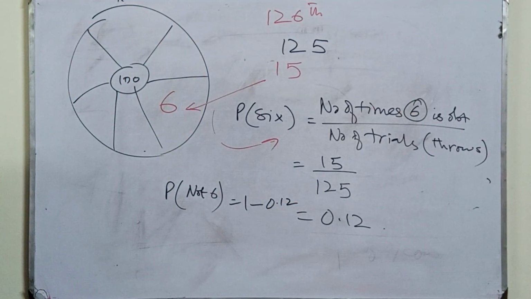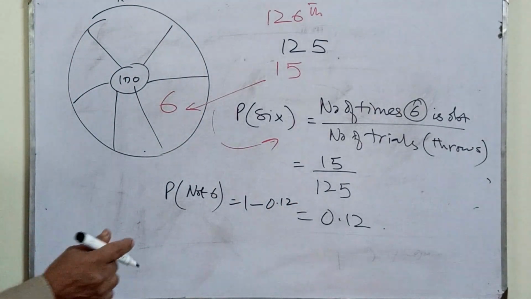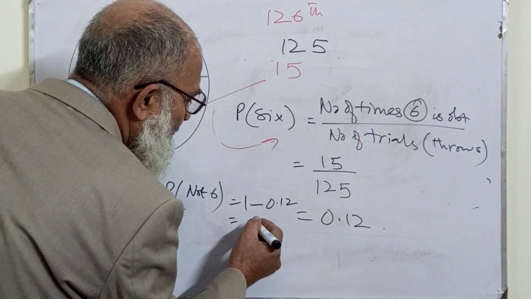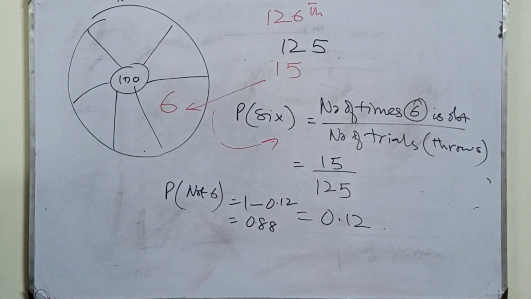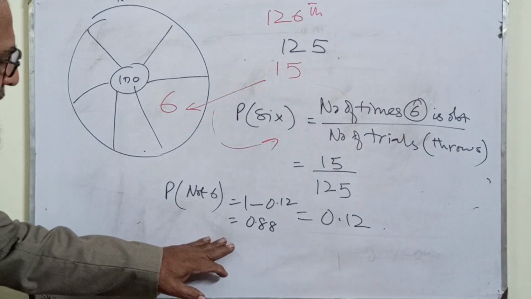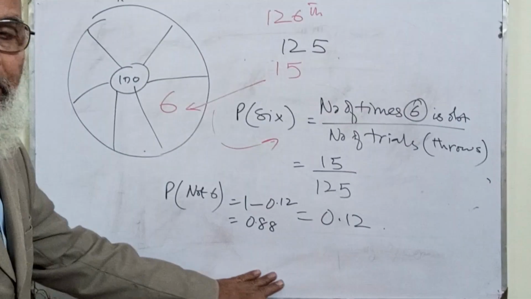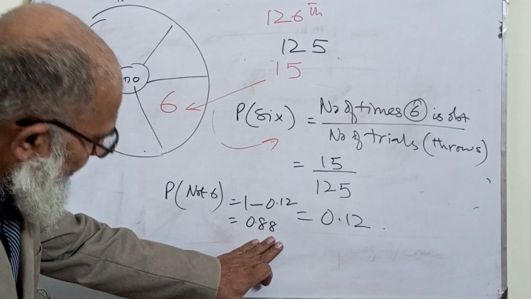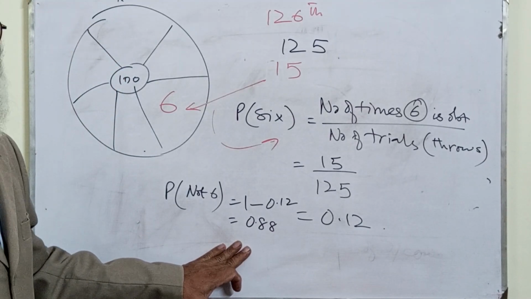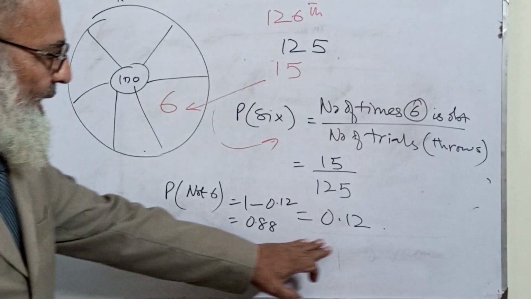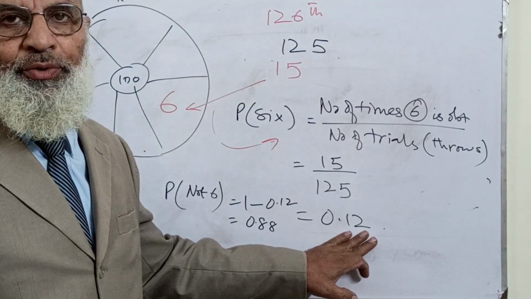It will become 0.88. Okay, not hitting 6 is 0.88, if I did the calculation right. Yes, it is 0.88, and hitting 6 is 0.12.